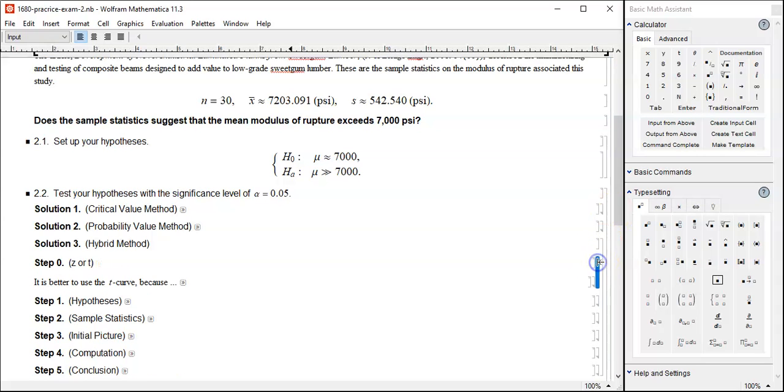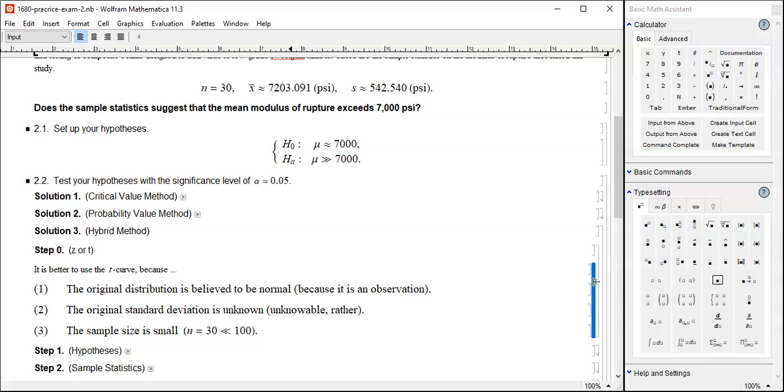Anyway, here we go. We have to use t, not z, because the original distribution is believed to be normal. This is coming from observation, from experiment, without any kind of significant bias. The original standard deviation is unknown.